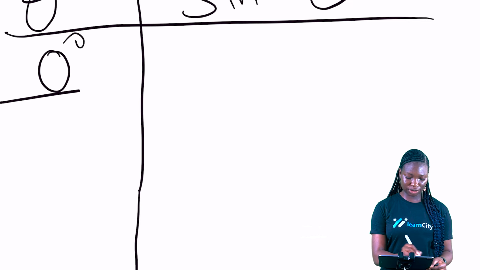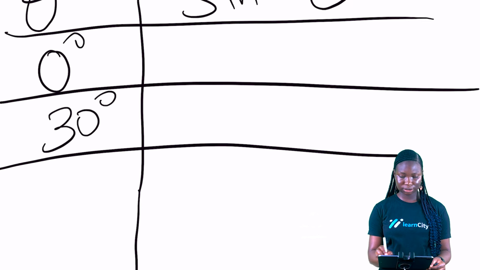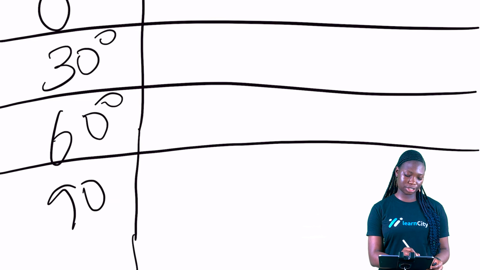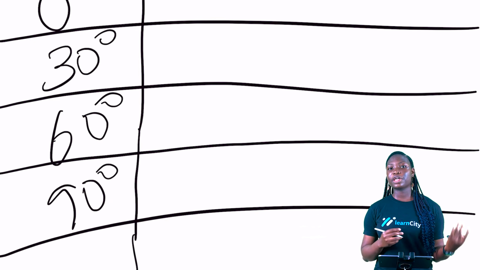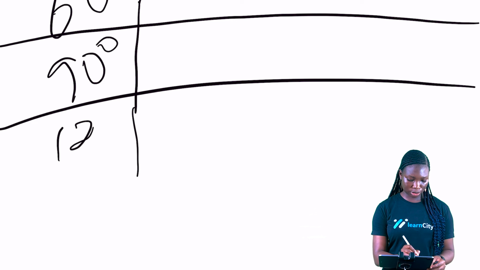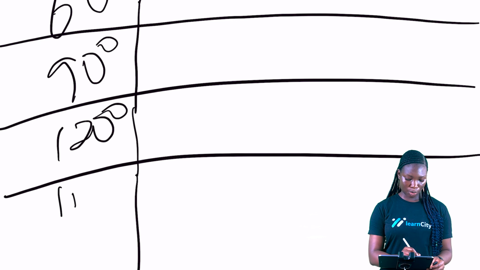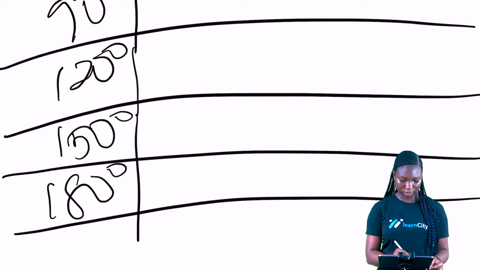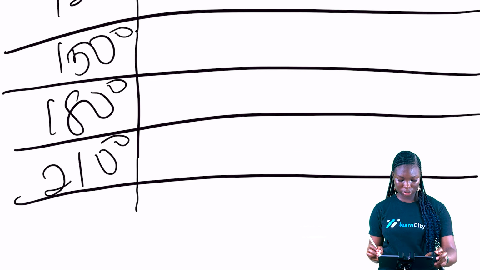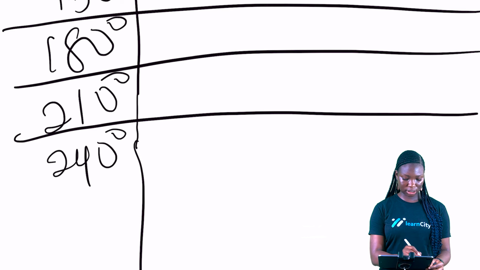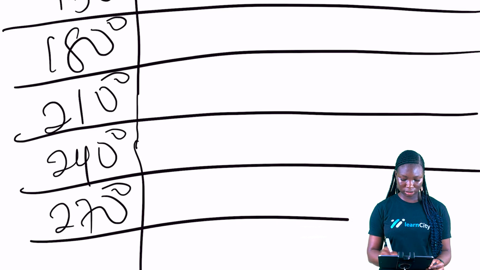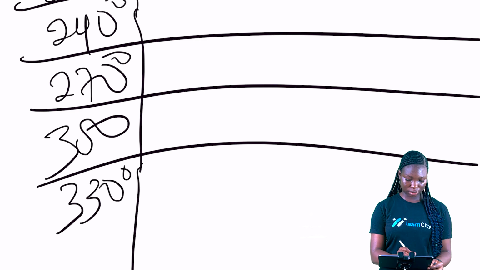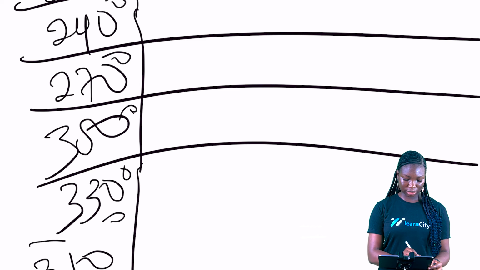We start from 0 degrees, 30 degrees, 60 degrees, 90 degrees, 120 degrees, 150 degrees, 180 degrees, 210, 240, 270, 300, 330, and 360 degrees.